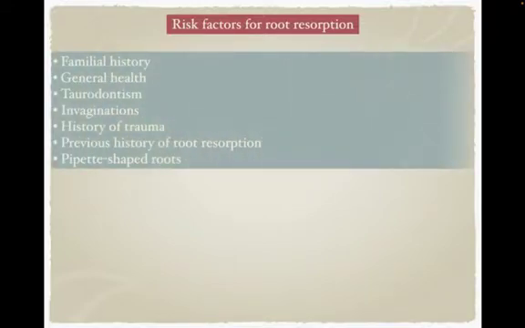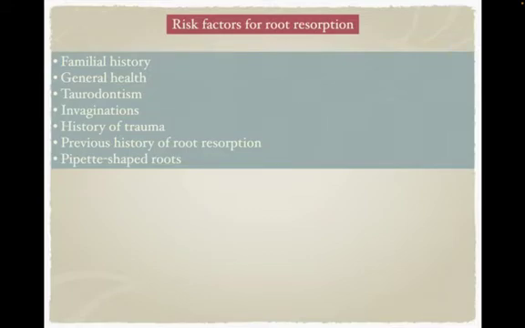So root resorption will be covered in detail in the iatrogenic effects of orthodontic treatment, but here is just a quick peek at it. The risk for root resorption sometimes lies in family history, because it's genetics, and the general health of the patient. Teeth with taurodontism will have more resorption. Invaginated teeth like dens invaginatus will have more resorption.